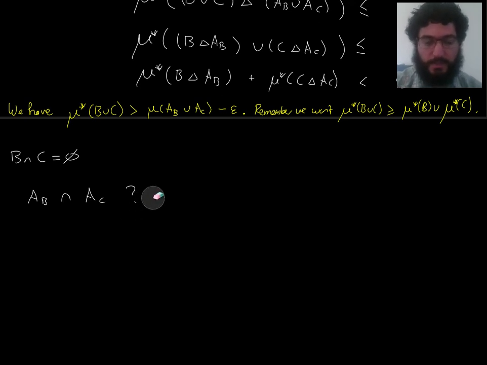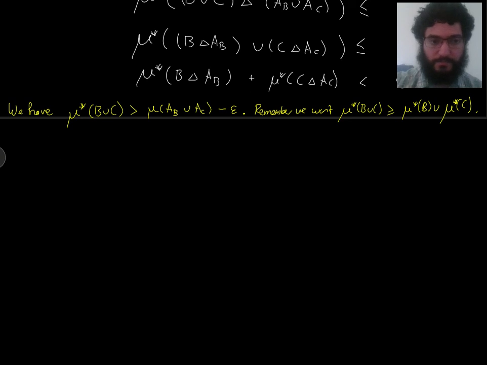So maybe even though this is not the empty set, so its outer measure is not 0, maybe its outer measure is still under control. If it is, it'll be under control due to the fact that mu star of B and mu star of AB are very close together, and mu star of C and mu star of AC are very close together.